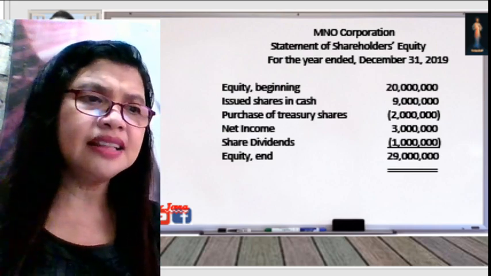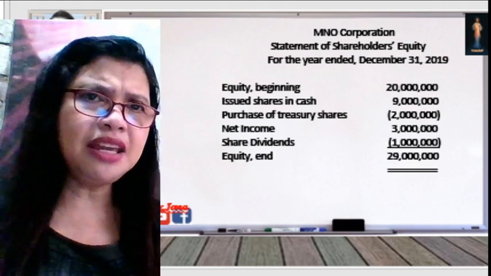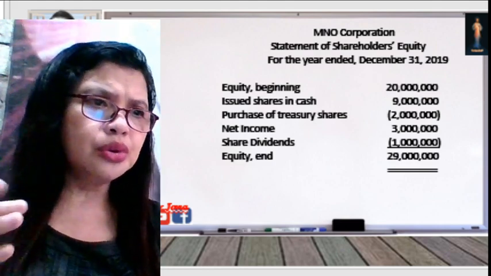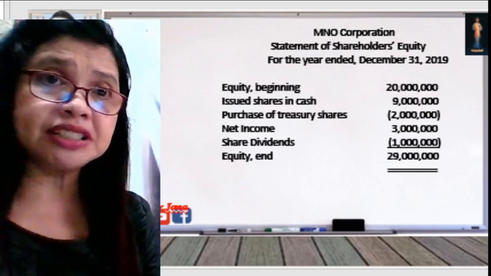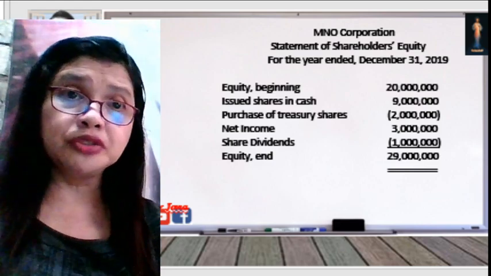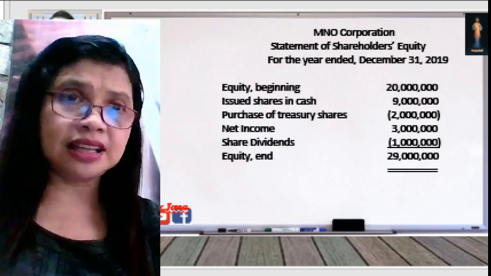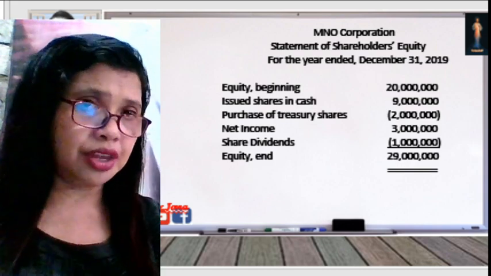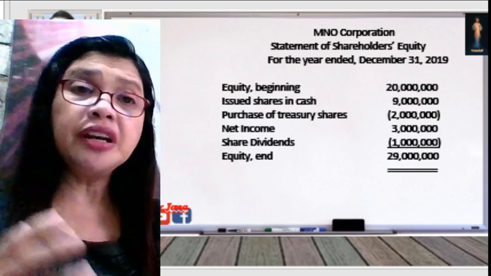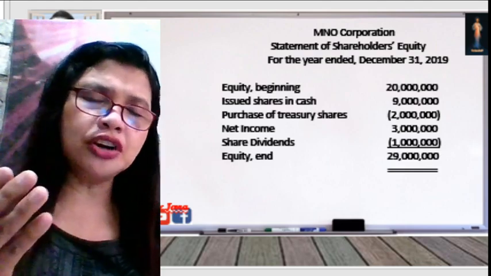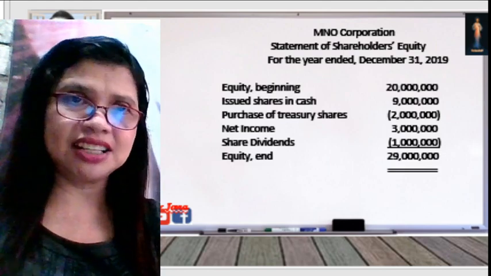They bought their own stock because for some reasons, maybe they would want to distribute it to the officers and employees as part of their bonus plan, or maybe they just want to increase the earnings per share. To increase the earnings per share, you have to reduce the number of shares outstanding.